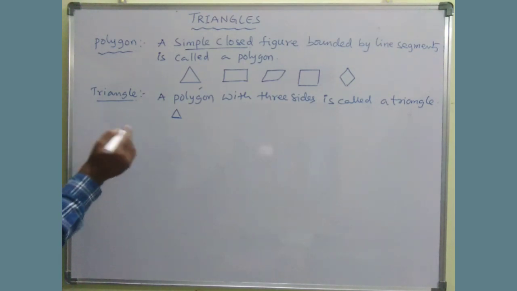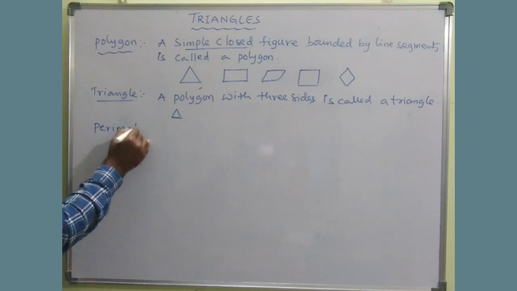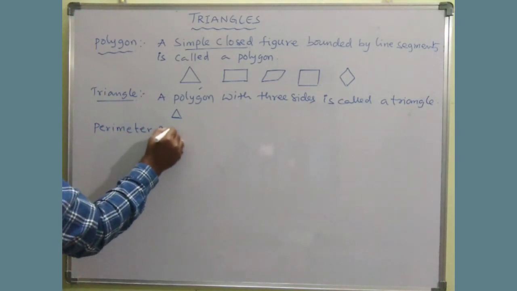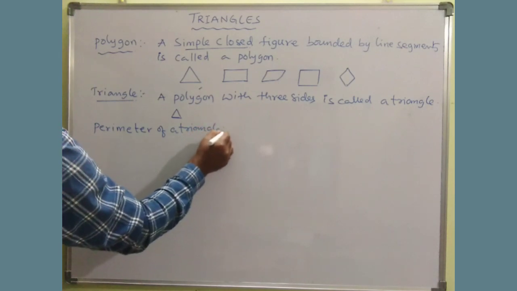Now let us see what is the perimeter of a triangle. Perimeter of a triangle.